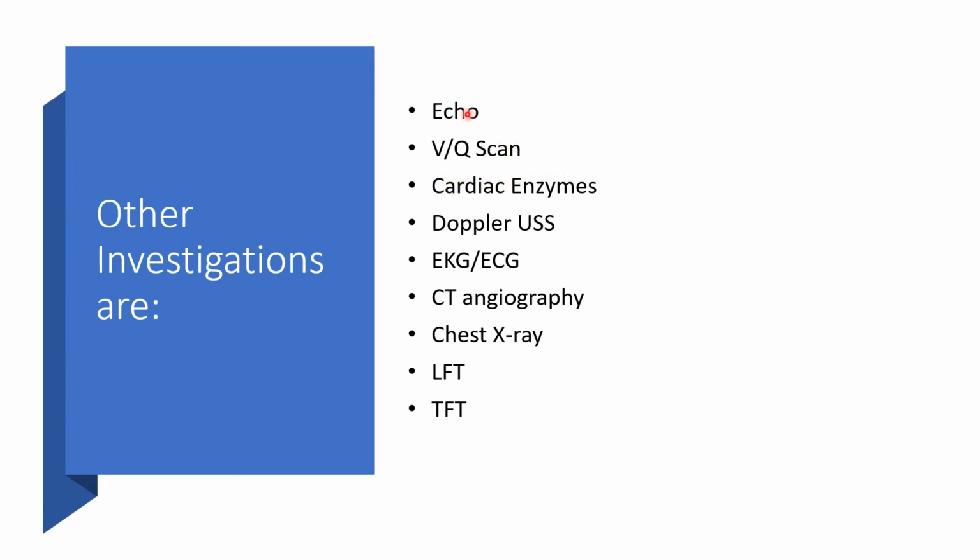If it is related to the heart and you are not sure, you can have echo, cardiac enzyme, Doppler ultrasound, EKG done, CT angiography, chest x-ray, and if you are not yet sure, if you are out of cardiopulmonary system, you can rule out what is happening with the liver function test, thyroid function test.